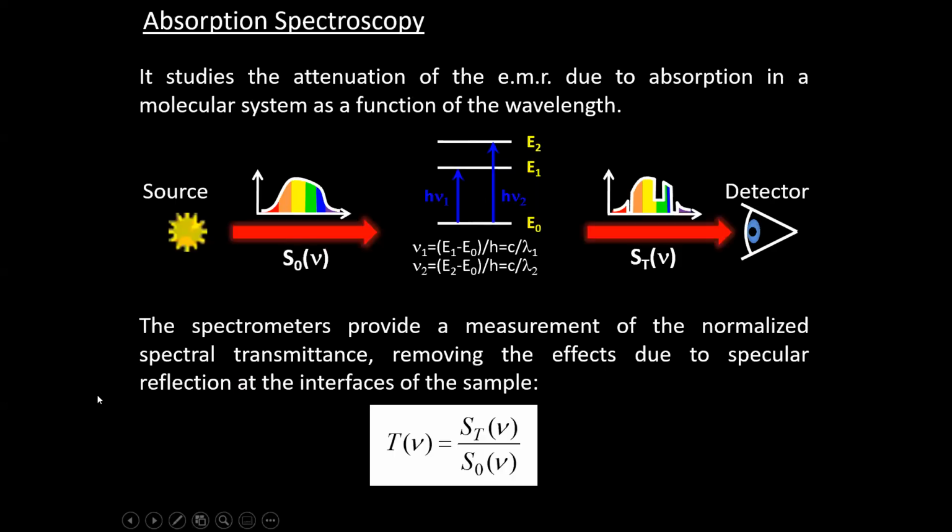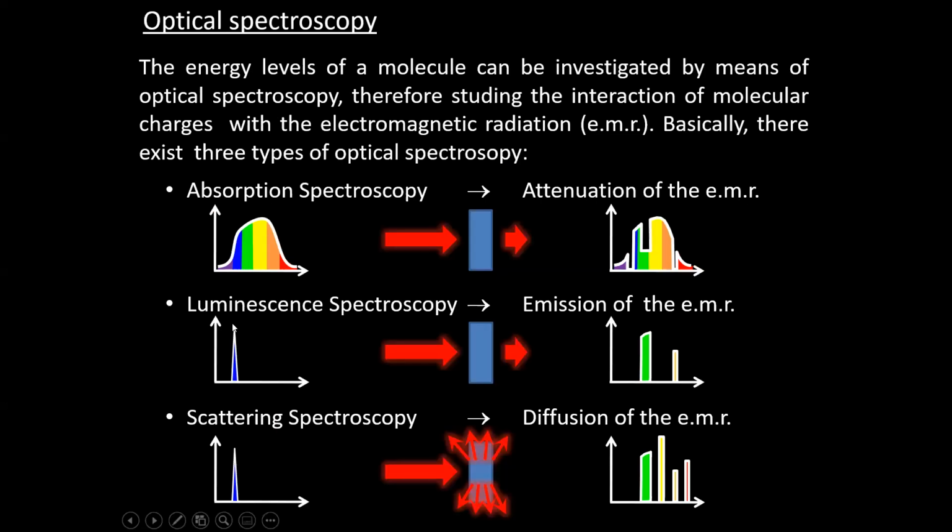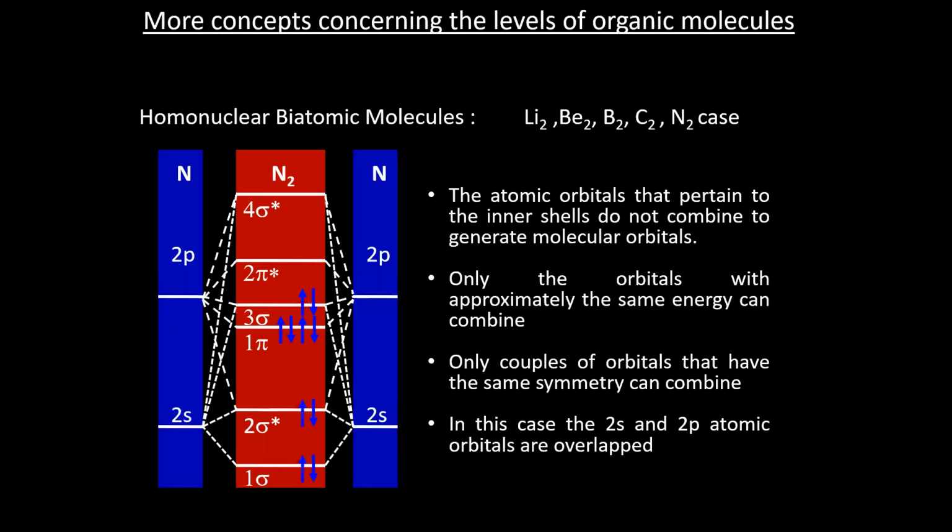Here, you send light with a given wavelength, with a given energy. The material is excited, and then you see that different frequencies appear in the spectrum. What is the origin of that? The origin is that with the excitation light, you are bringing the molecule from the ground state to some excited state here.